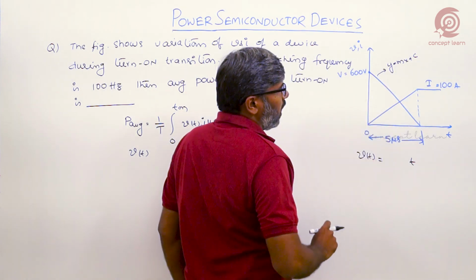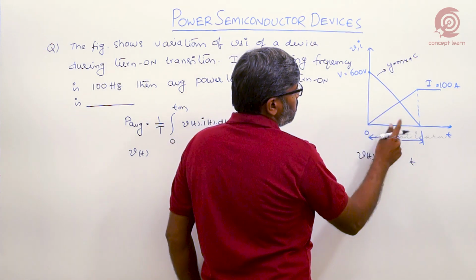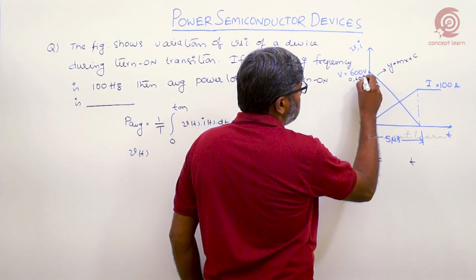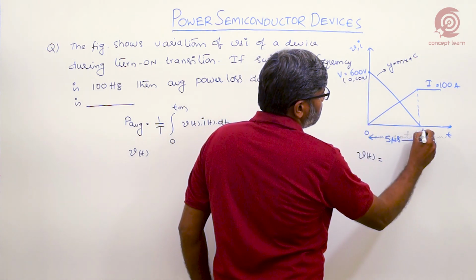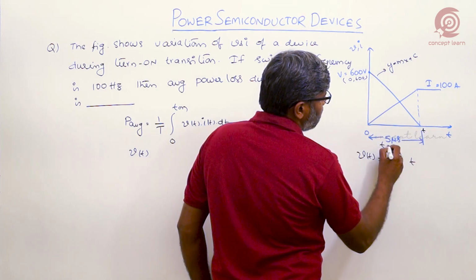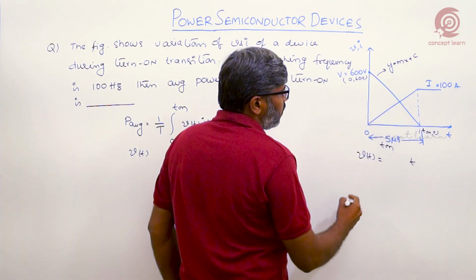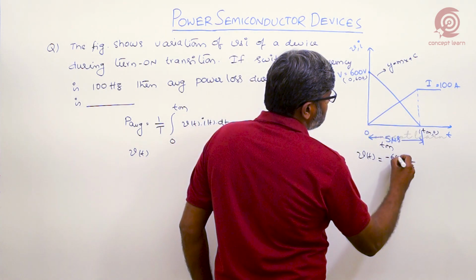What is the slope of the line? Here it is 0 comma V (600), and this is T on, T on comma 0. So with this we get a slope of minus 600.